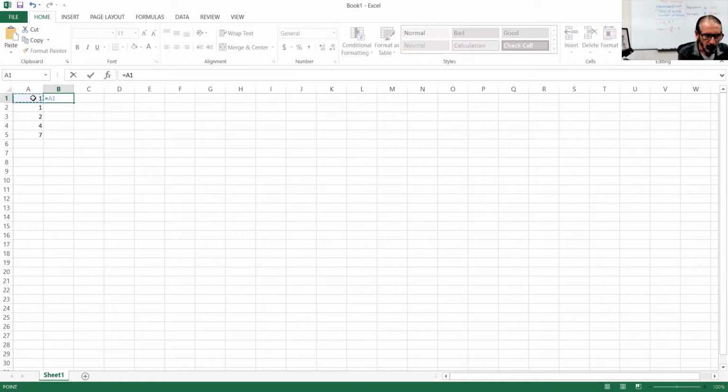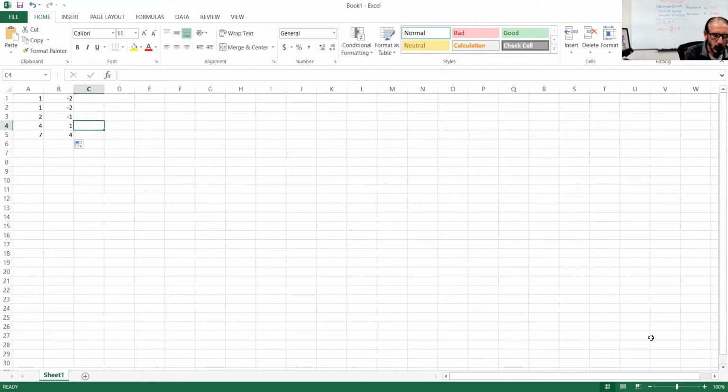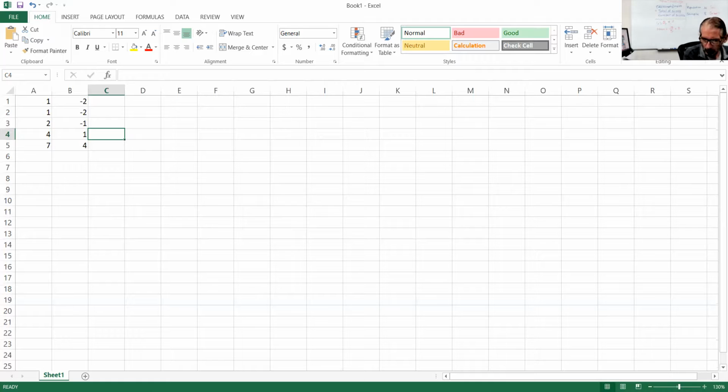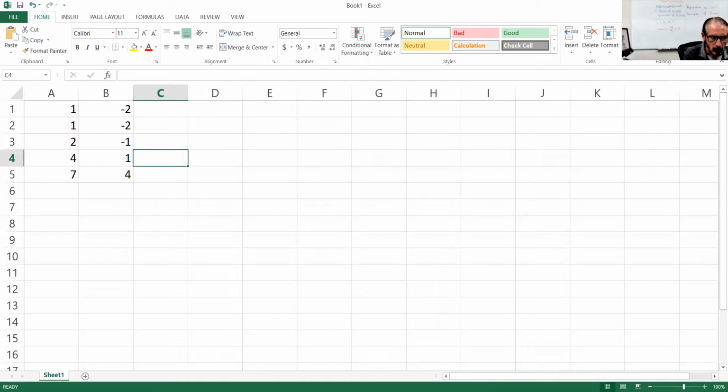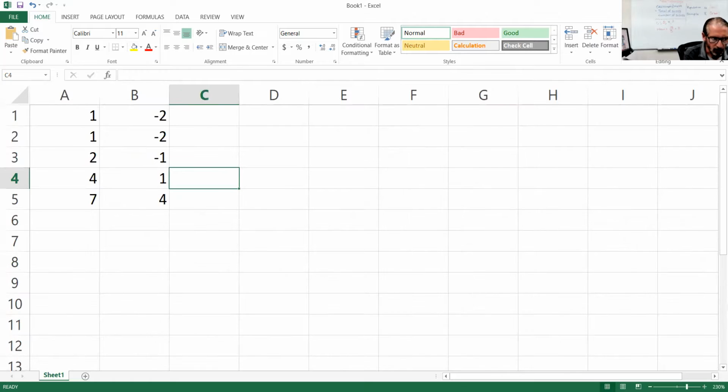If I subtract 3 from each of those scores, some of them are lower than the mean, and so subtracting the larger mean will give us a negative, whereas the scores that were higher than the mean, subtract a larger number minus a smaller number will give us a positive.